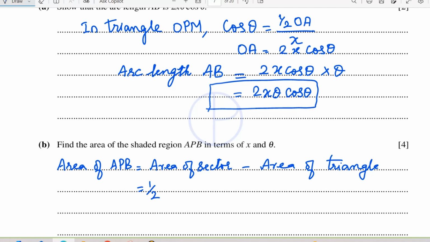Half of r square, where r is OA, that is 2x cos theta square, multiplied by theta, minus area of the triangle, half of AB sin theta, one side of the triangle is 2x cos theta, another side of the triangle is x multiplied by sin theta.